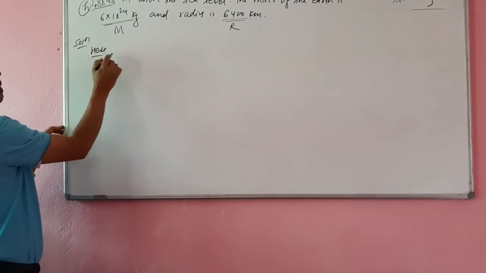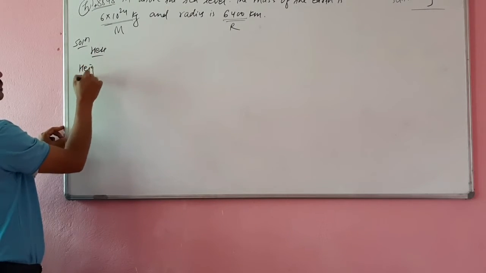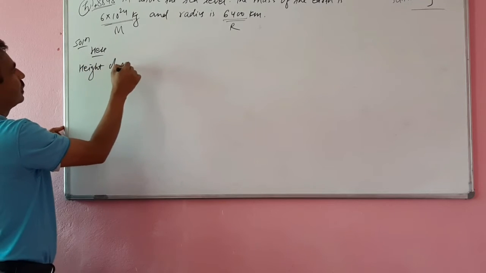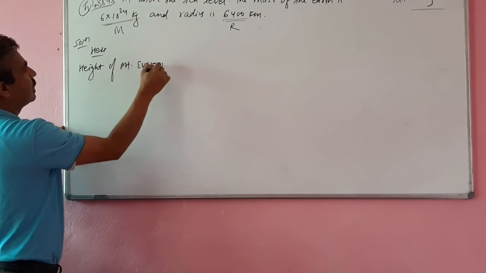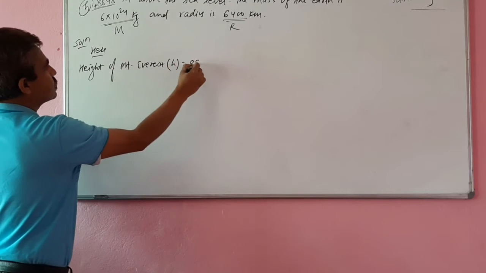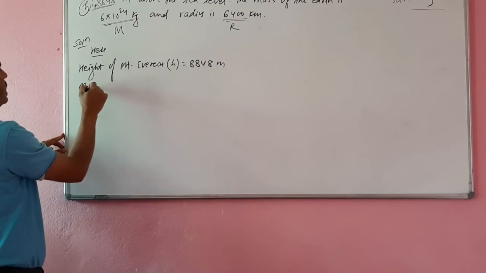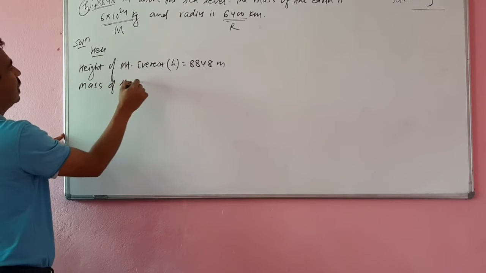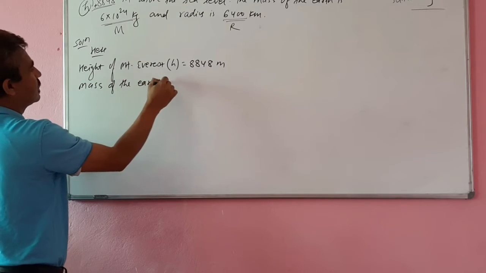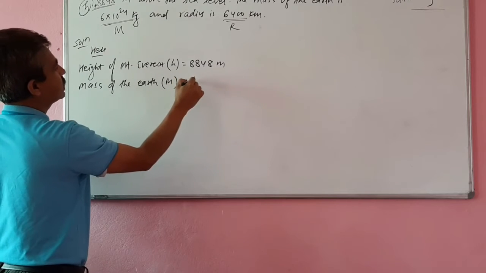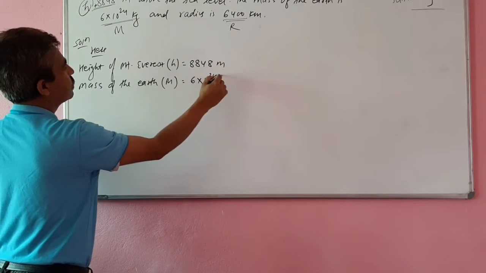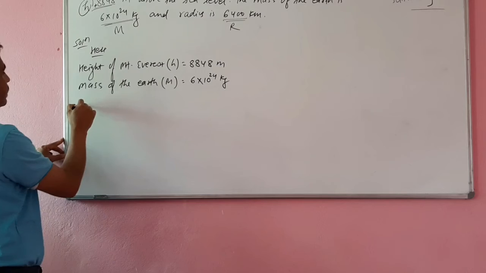Now let me start writing from here. Height of Mount Everest, h equals 8848 meter. Mass of the earth, capital M, equals 6 times 10 to the power 24 kg.